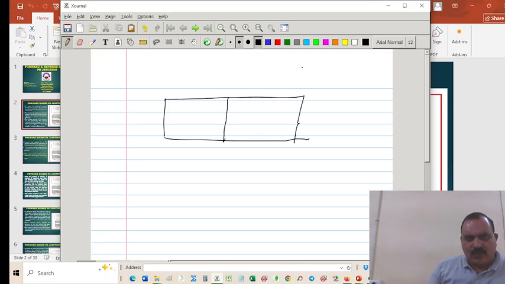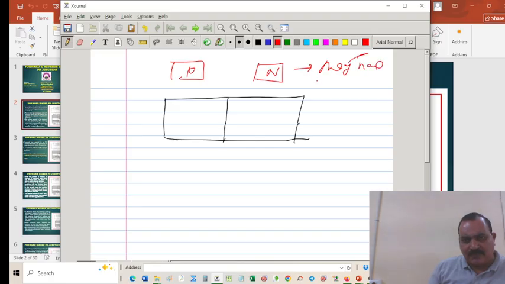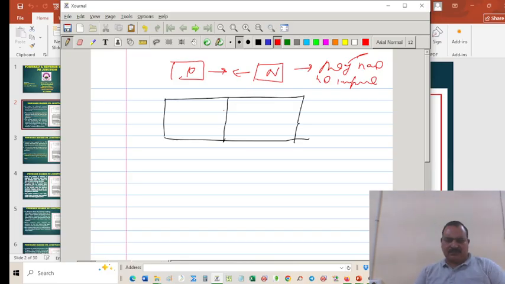For the p-n junction, what you have done, you just take a p-type semiconductor and then n-type semiconductor, because individually they have no importance. So what you do, you just sandwich the two. We have different techniques for doing that.